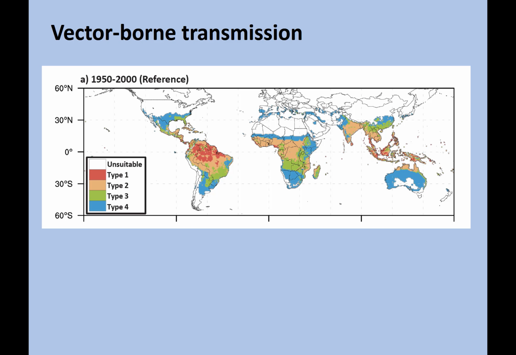And so this map is just showing how the range of vectors has increased as our climate increases. So you can see things are moving up. These different types are just talking about whether the mosquito lives seasonally or year-round.